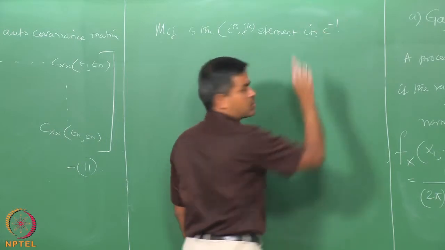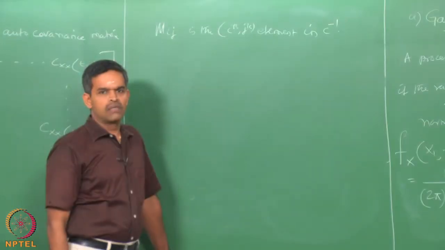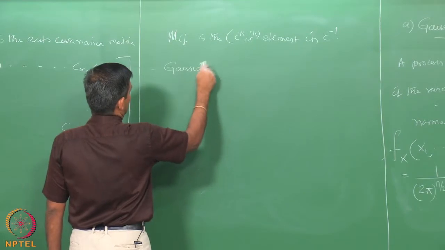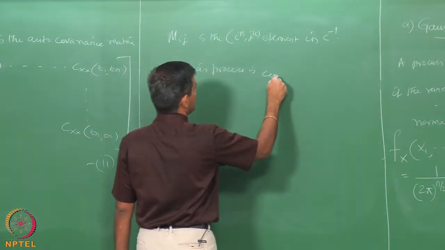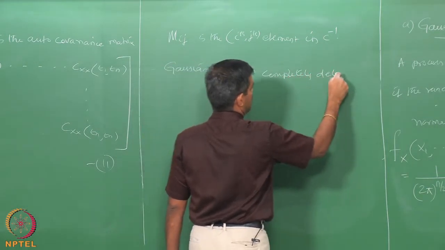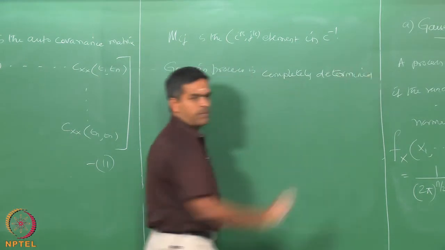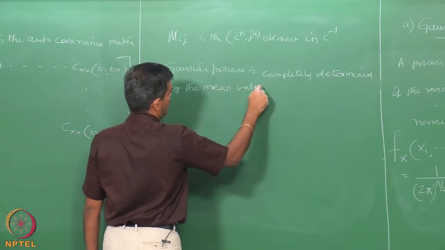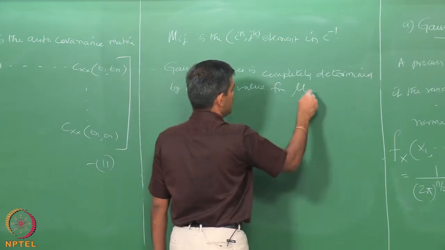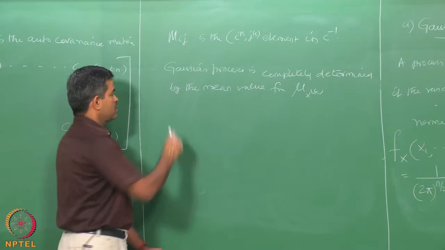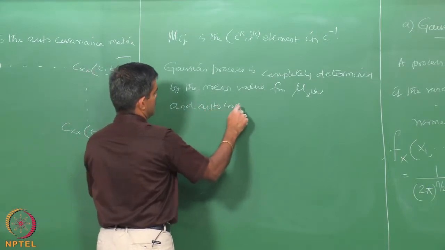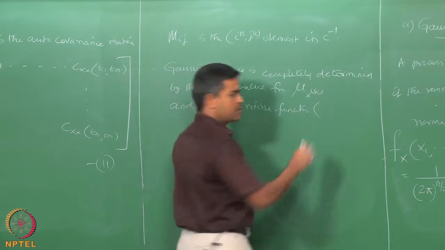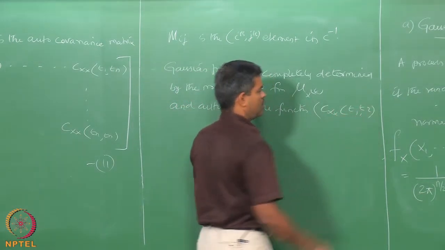in C inverse. So, it is very clear from the definition that a Gaussian process is completely determined by the mean value function, which can be said as mu x of t, and autocovariance function, which is given by C x x for interval t1 and t2.